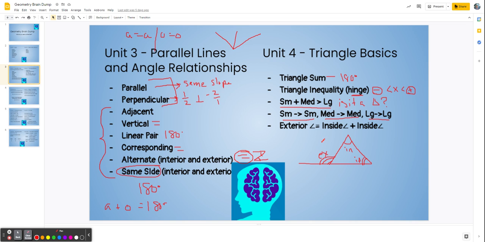So the exterior angle of a triangle is equal to the sum of the 2 interior angles that are not adjacent to it. Exterior equals interior plus interior. Outside equals inside plus inside. Okay? Hopefully everybody's writing this down.